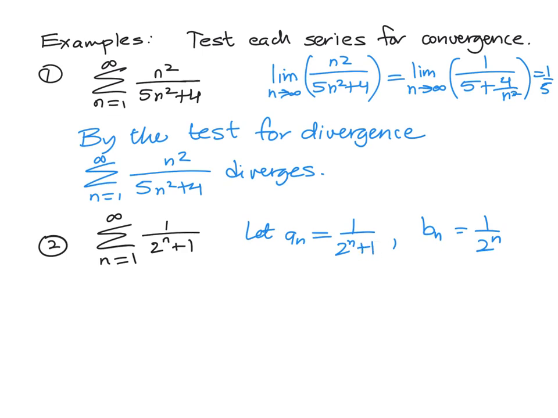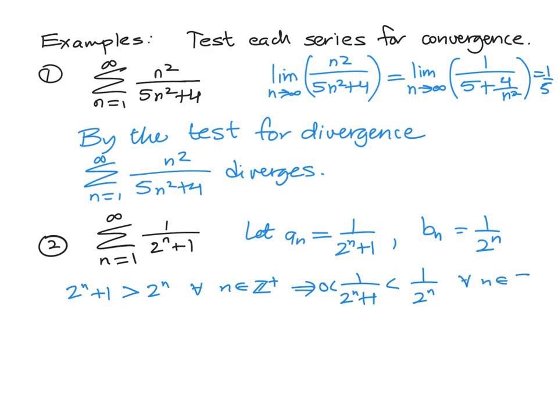Now I want to notice as well that 2 to the n plus 1 is greater than 2 to the n for all n in Z plus, which is what we're interested in. Which means that 0 is less than 1 over 2 to the n plus 1, which is less than 1 over 2 to the n, for all n in Z plus.